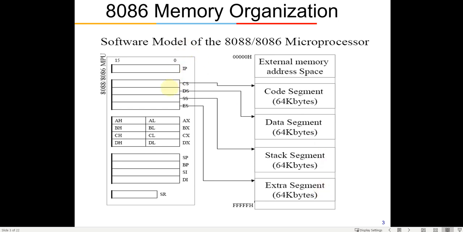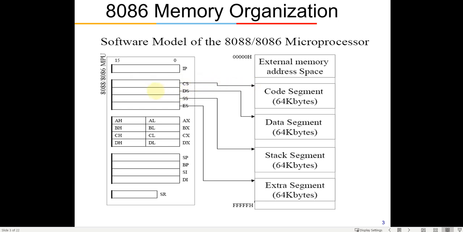The starting addresses of those segments are available in 4 registers within the 8086, known as the code segment register, data segment, stack segment, and extra segment. Suppose the code segment register holds 2000 hexadecimal, so 20,000 will be the starting address.